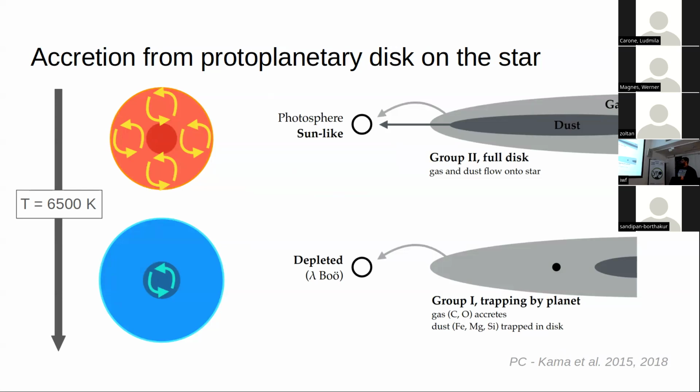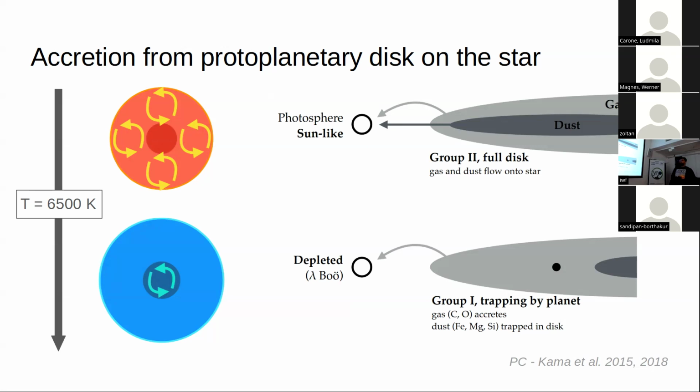But if you have a planet which formed in the disk, it opens up a gap, and the gap stops the dust from moving inwards, but not the gas. As a result, in these kinds of stars, the full disk or group 2 stars, you have both gas and dust which falls on the star. But in group 1 disks or group 1 stars, you don't have any dust which falls on the star, just the gas.